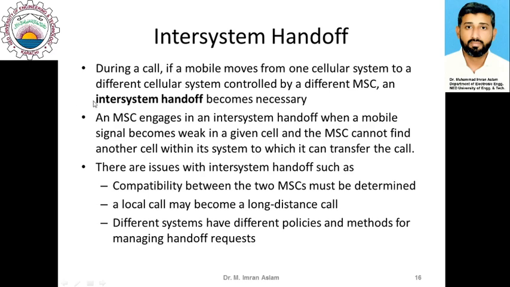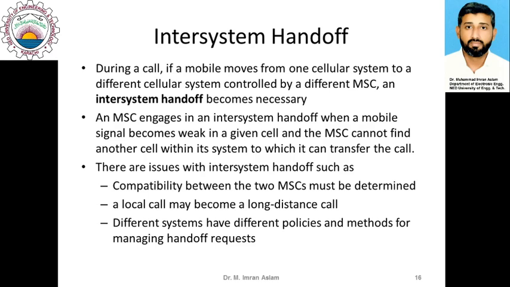This type of handoff is named inter-system handoff. Inter-system handoff becomes necessary whenever the MSC can no longer find any base station or any cell within its own coverage to provide services to a particular user.